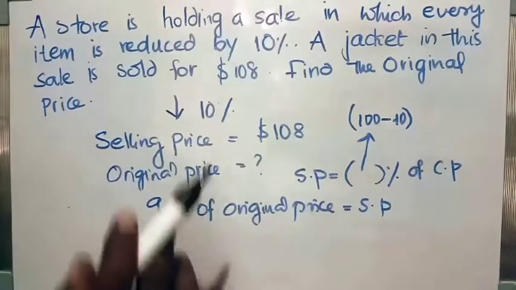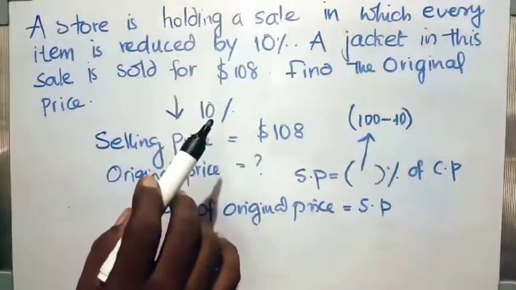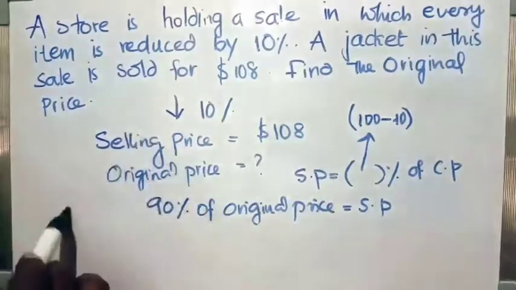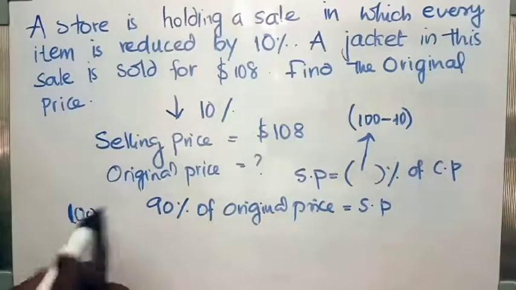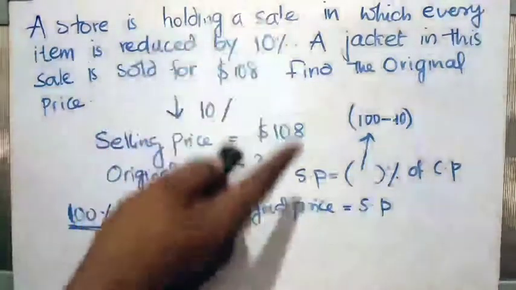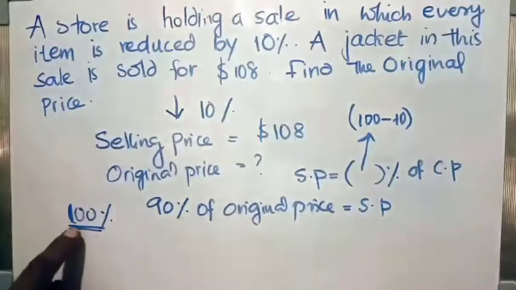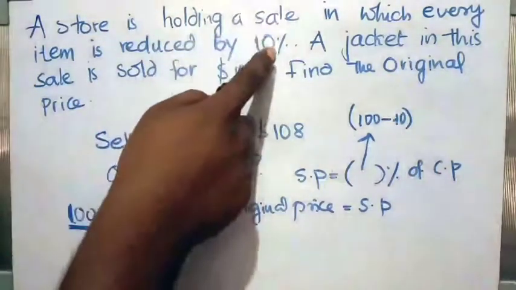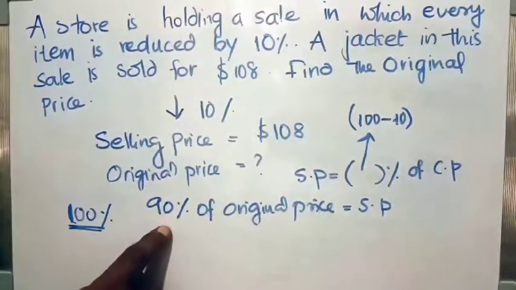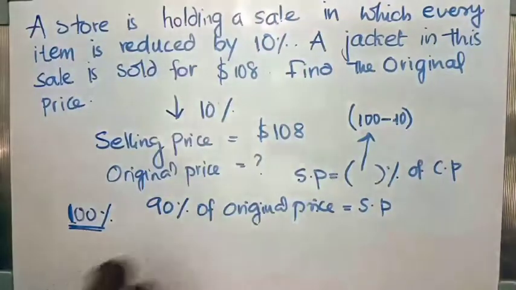So when 10% is reduced, your jacket price is 90%. If the original price is 100% and selling with the same price, there is no reduction. But here there is a 10% reduction. That means its corresponding price is 90% of original price, which is selling price.